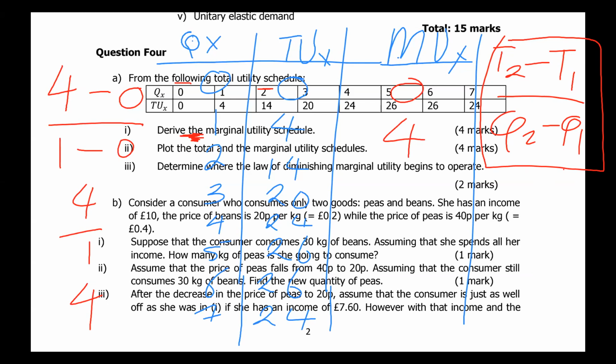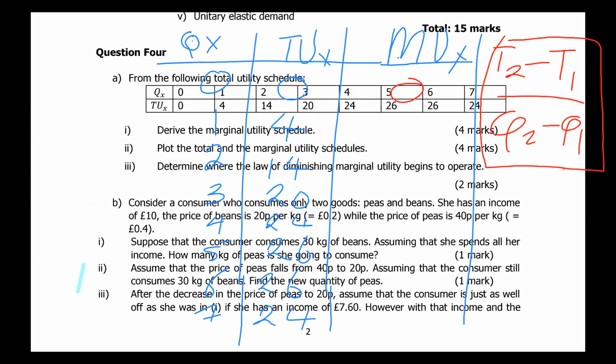Then what about at 2? When you consume 2 units of this commodity, total utility is 14, minus the previous one, which is 4, over total quantity 2 minus the previous quantity 1.